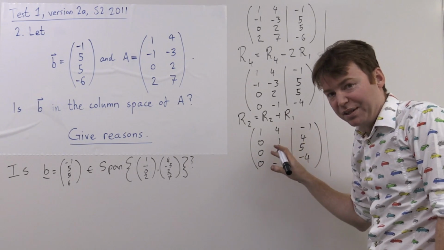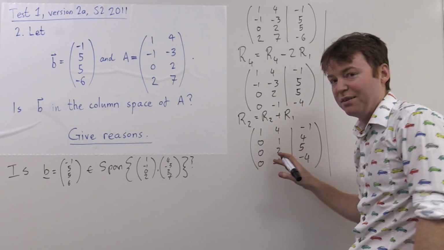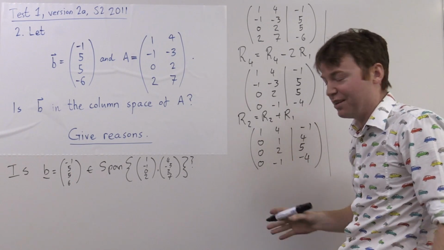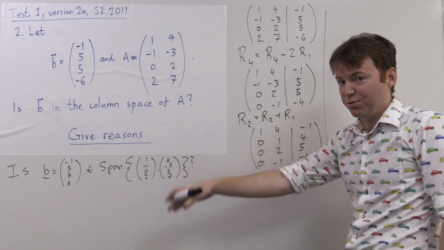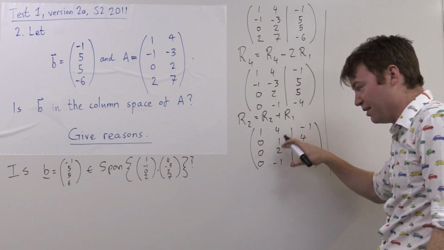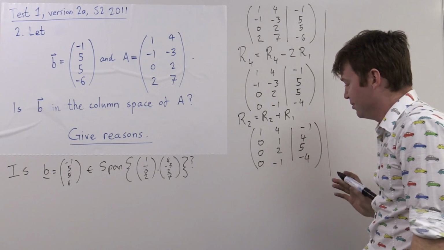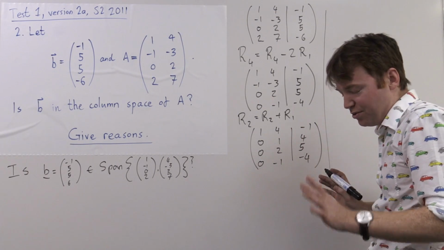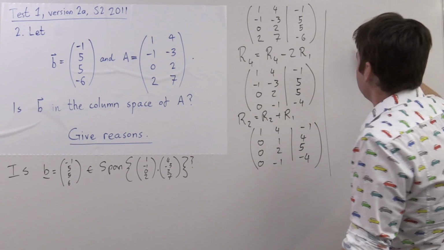Please don't stop here, by the way. Some of you may be able to foresee that this is not going to have solutions. You need to go all the way to row echelon form before you start making such bold claims. So you may be able to predict that this is not going to have any solutions, but row echelon form first before you start making predictions like that.